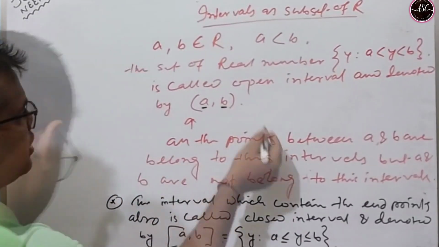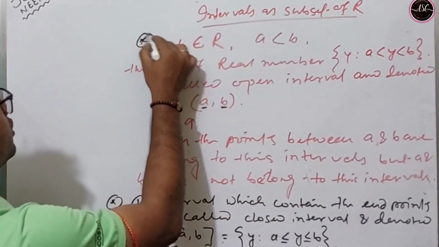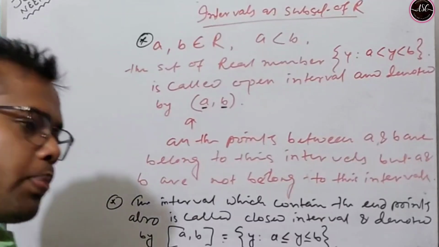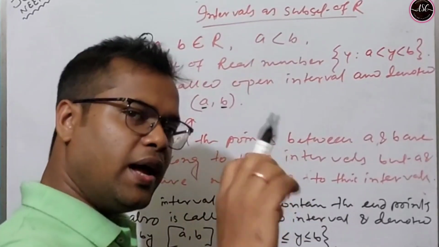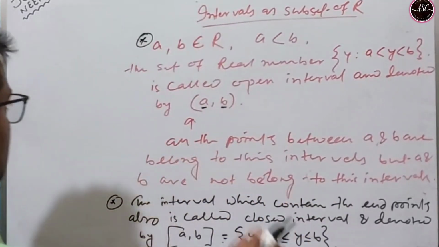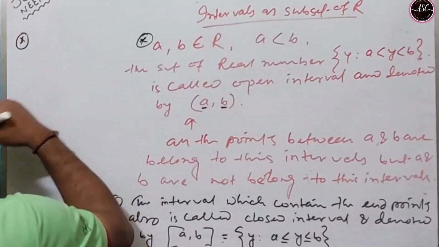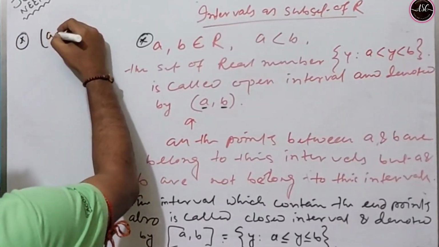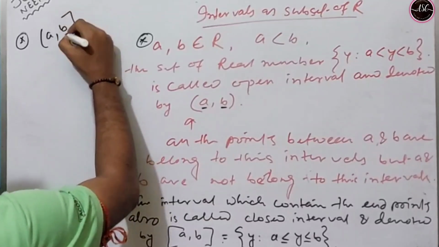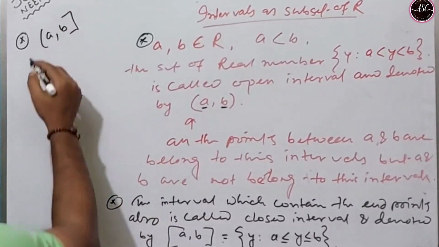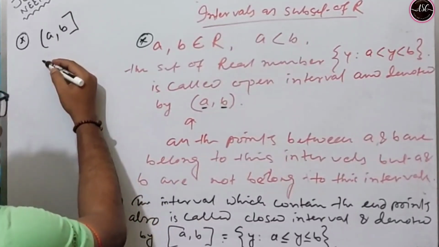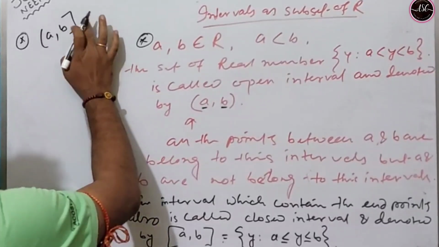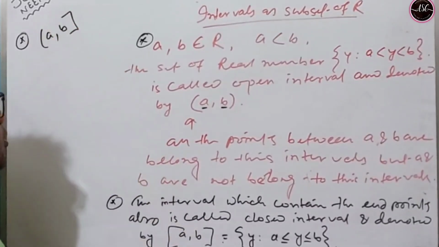Besides these two types of intervals, we have two other intervals. Look at this board. We write (a, b], with a first bracket at the beginning and a third bracket at the end.